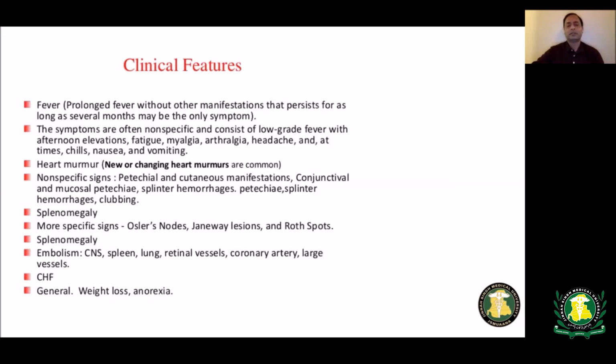In the late cases, patients have splenomegaly and they develop immunologic phenomena, what we call glomerulonephritis. They can also develop vasculitis, which can present as hemorrhages on the nail beds and on the eyes, what we call Janeway lesions and Roth spots.